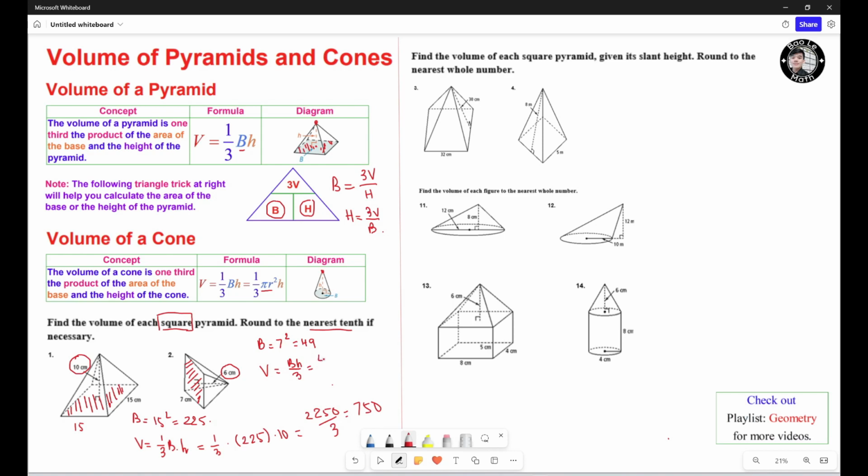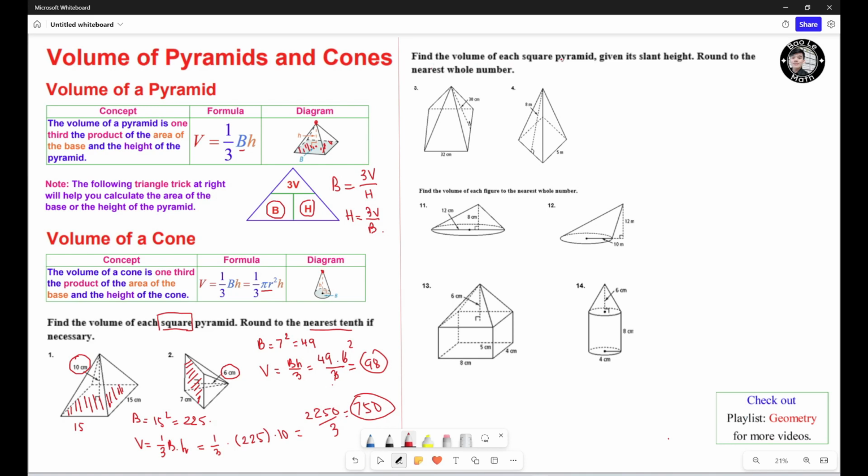So it can be 49 times 6 divided by 3. So it's going to be 6 divided by 3 right here. Simplify, this could be 2. 2 times 49 could be 98. So this is the answer. Alright, let's move on to the next example.